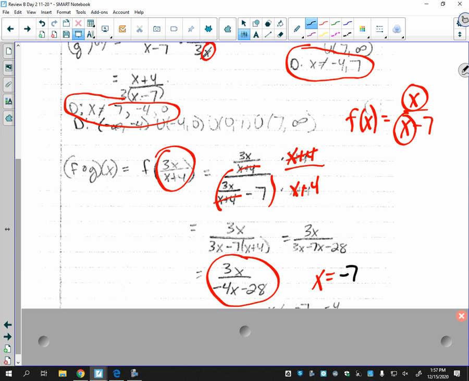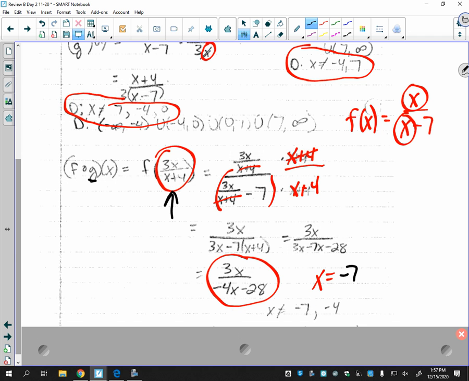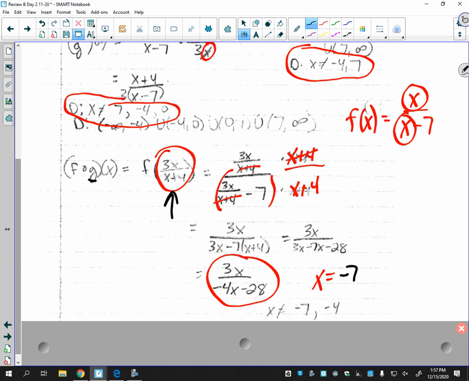Because if you set that equal to 0 and you add 28 and you divide by negative 4, you get negative 7. And you also have to take into consideration the domain of the inside function only. So not of f, but only of g. So looking at this, I also have to include negative 4 as not part of my domain. That was a crazy amount of work for one problem.